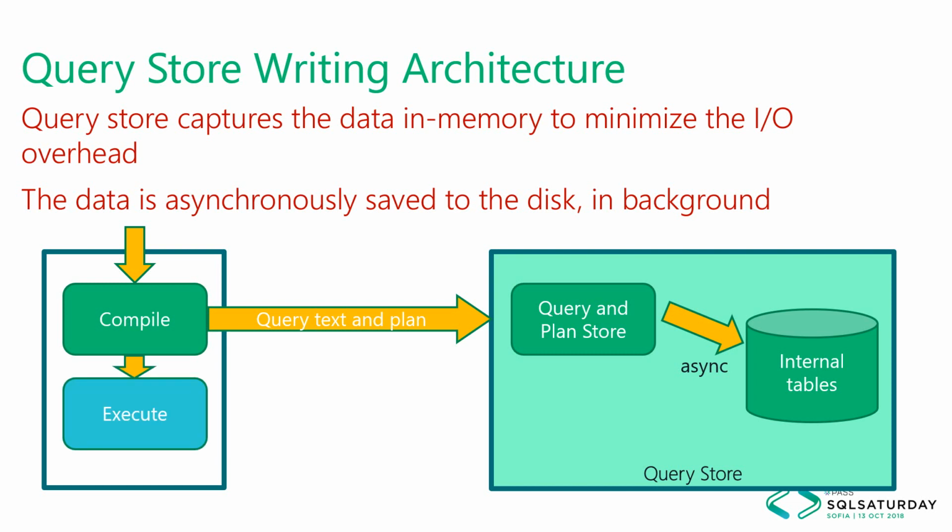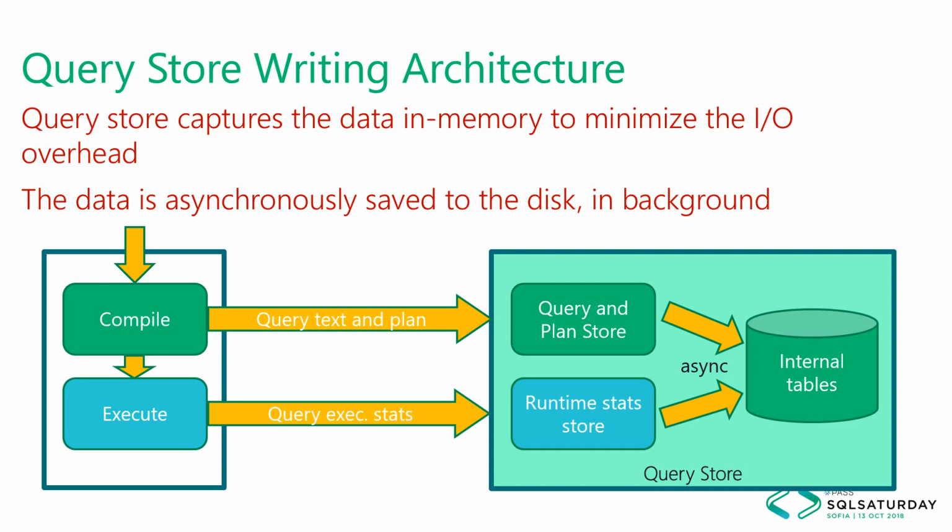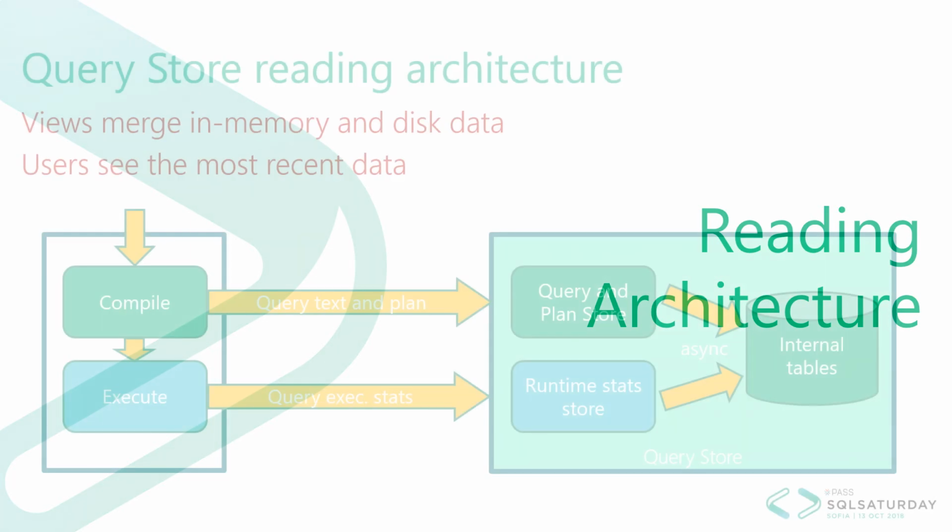Then the query is executed and Query Store will capture the runtime statistics from the execution. And again, write the information asynchronously to the disk to not affect the server performance. So we will have information in memory and on the disk. And how is the reading architecture of this information?